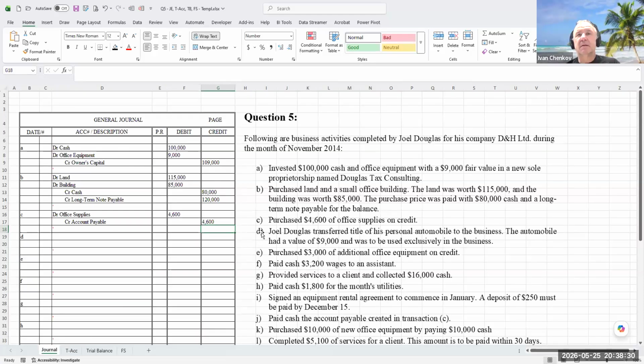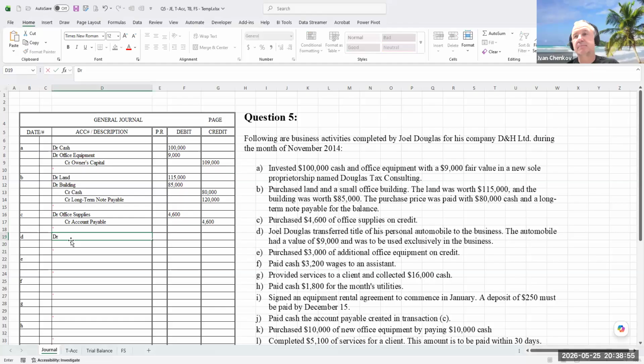Now let's go to letter D. Joe Douglas transferred title of his personal automobile to the business. The automobile was valued at $9,000 and was to be used exclusively in the business. So what's happened in this case? What did the business get?